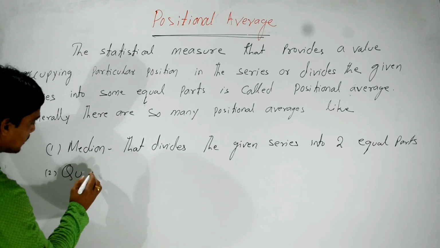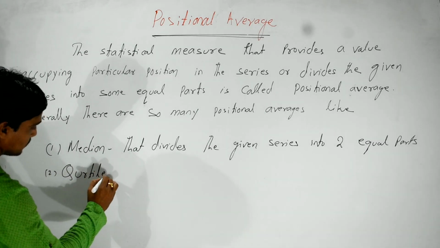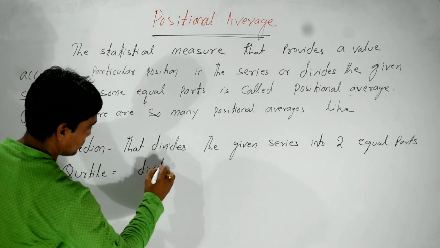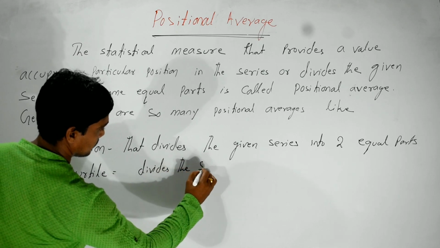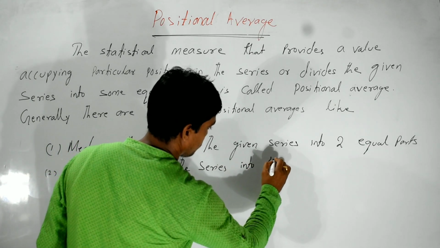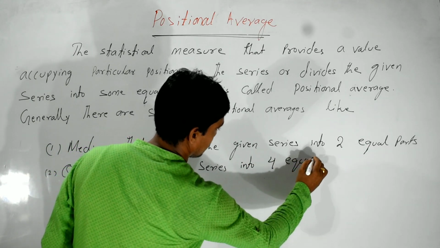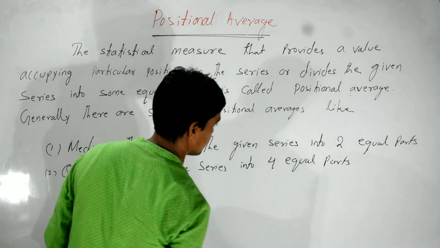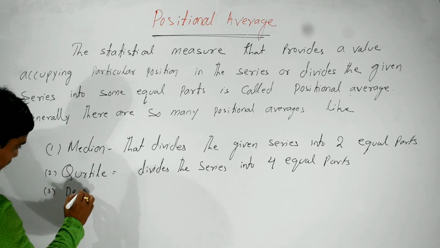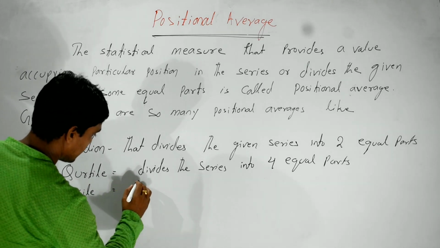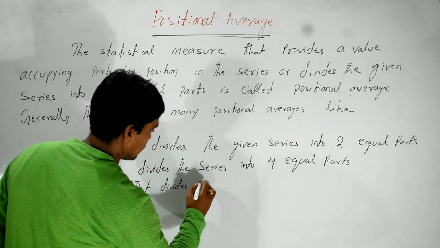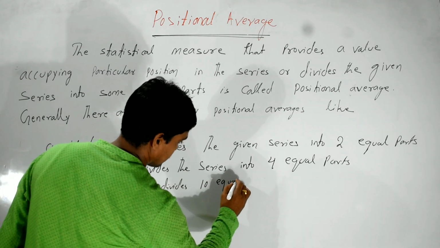There is also another positional average, that is quartile, which divides the series into 4 equal parts. Another one, decile, that divides the series into 10 equal parts.